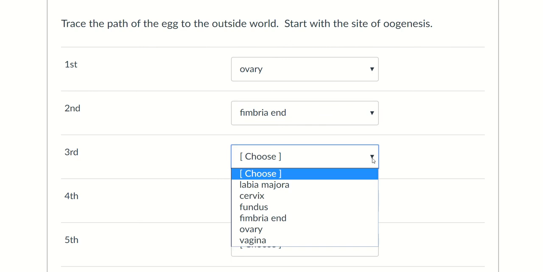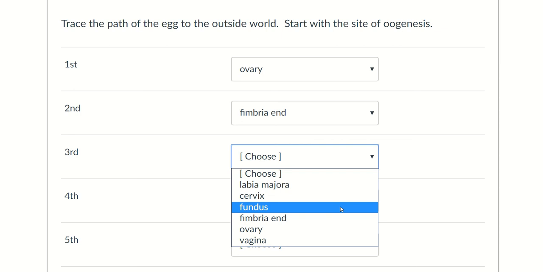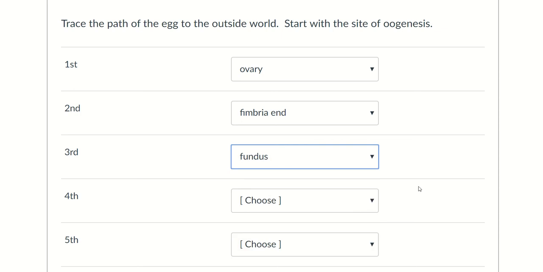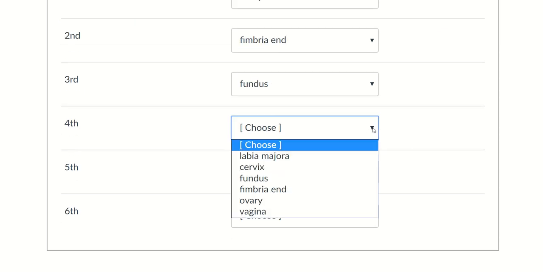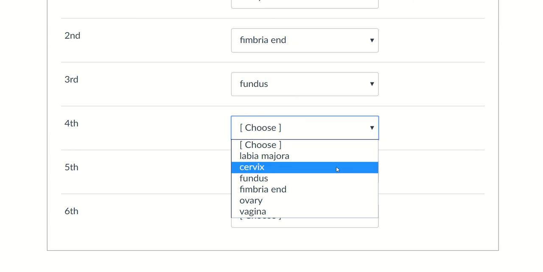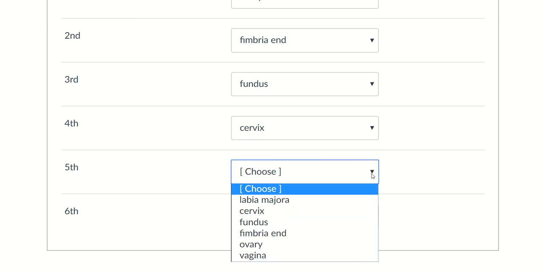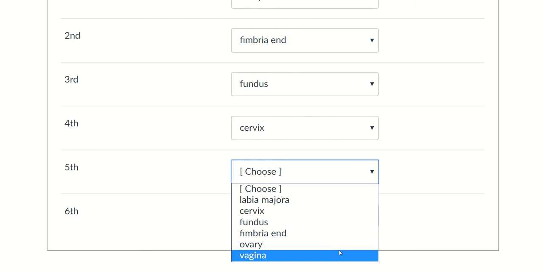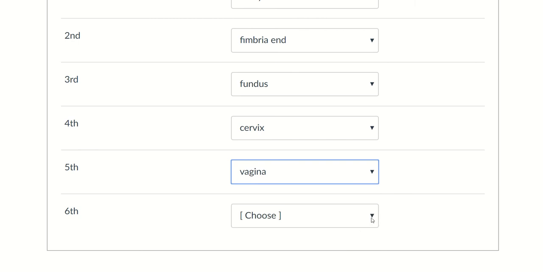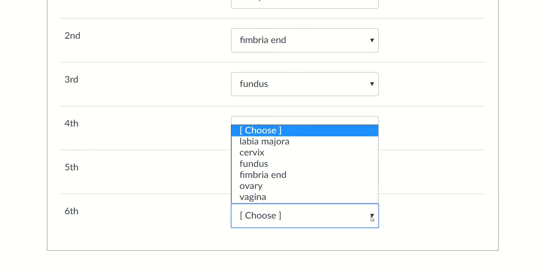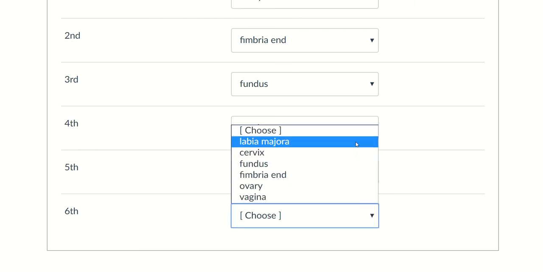No fallopian tube, so the next thing is the dome portion of the uterus, which is the fundus. Then we go to the body of the uterus. The neck of the uterus is the cervix. The canal leading outwards is the vaginal canal. Then you have your labia minora, and lastly the labia majora.